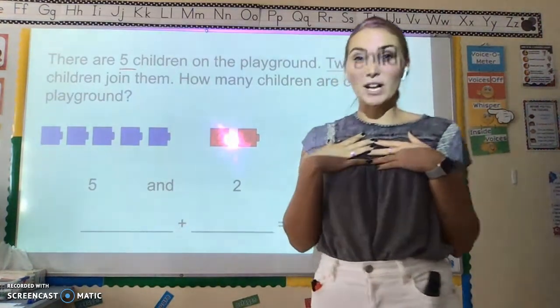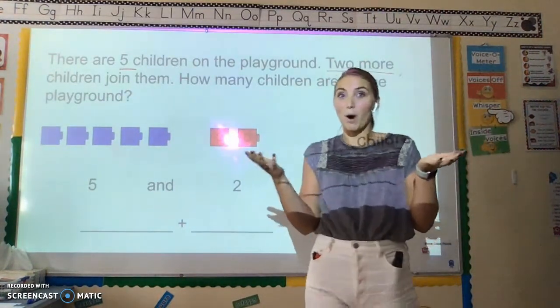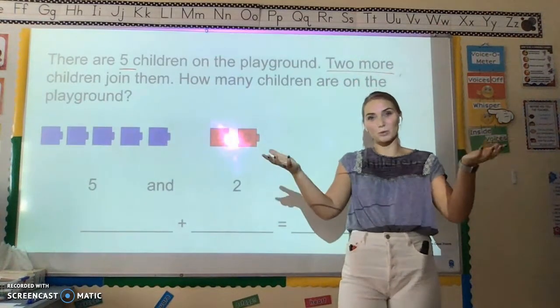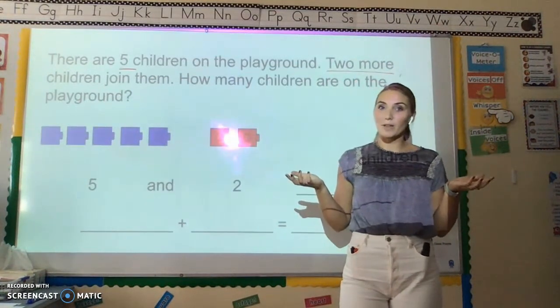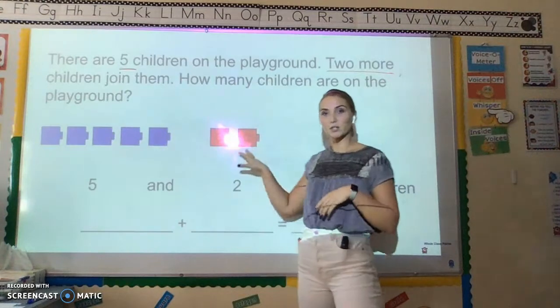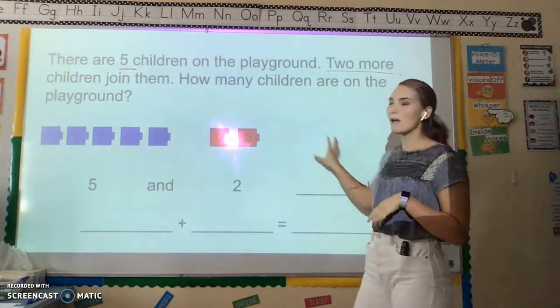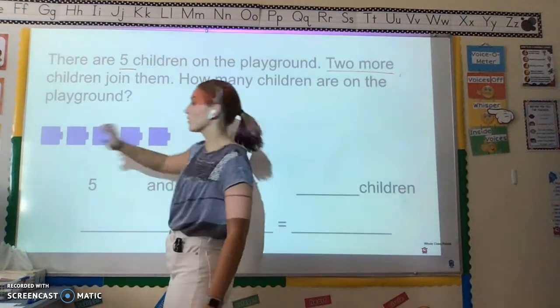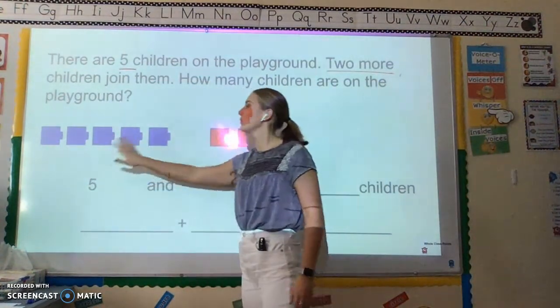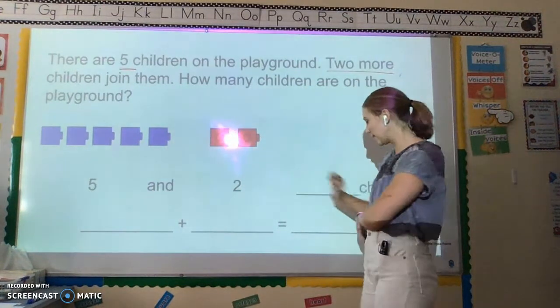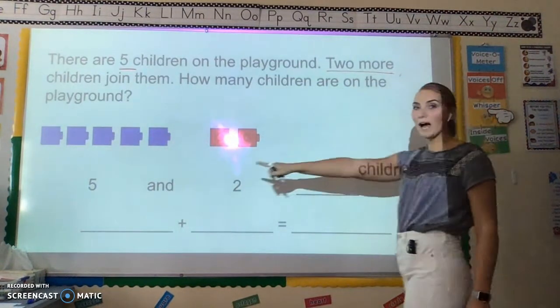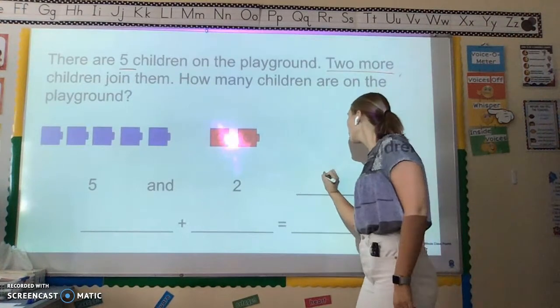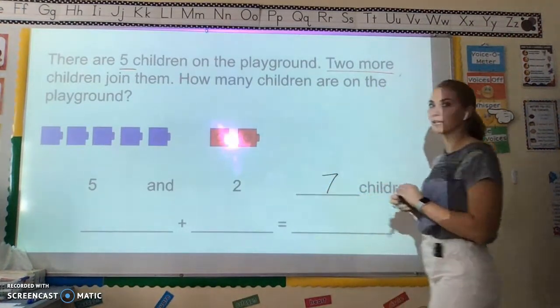I like to use different colors to help me tell my parts apart, so that I know 5 and 2 more. So then how many all together? We can count our blocks. 1, 2, 3, 4, 5, 6, 7. So 5 and 2 make 7 children.